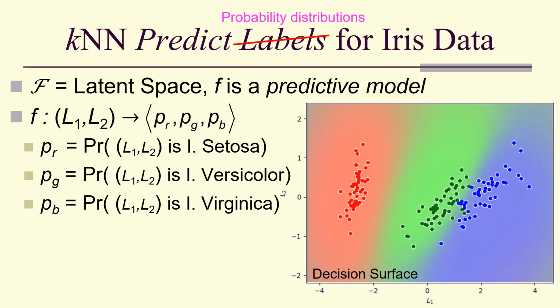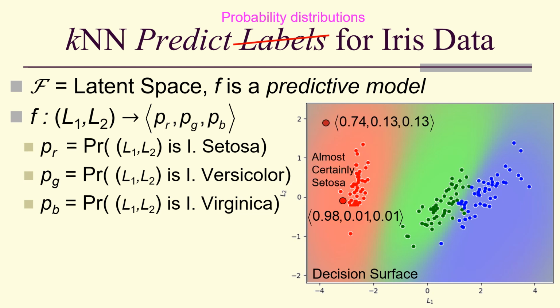Our decision surface doesn't have hard boundaries because we're not making hard decisions. We just have probability distributions. For example, if we have a point next to the actual data for iris setosa, then we predict it's almost certainly iris setosa. Farther away, we're not as confident, but we're still kind of red here, so good chance it's setosa.